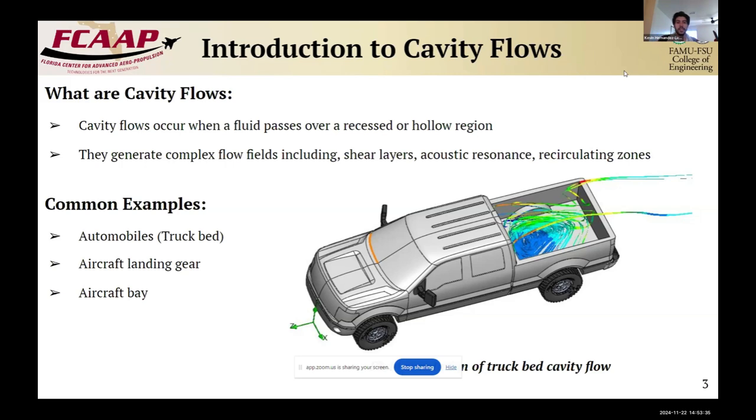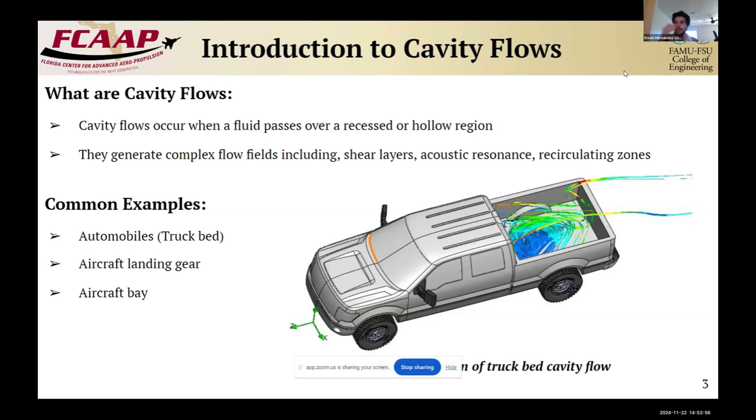Cavity flows occur when a fluid passes over a recessed or hollow region on a body, on a vehicle, and they generate these complex flow fields that include flow features like shear layers. They create acoustic resonance, recirculating zones, and some common examples.